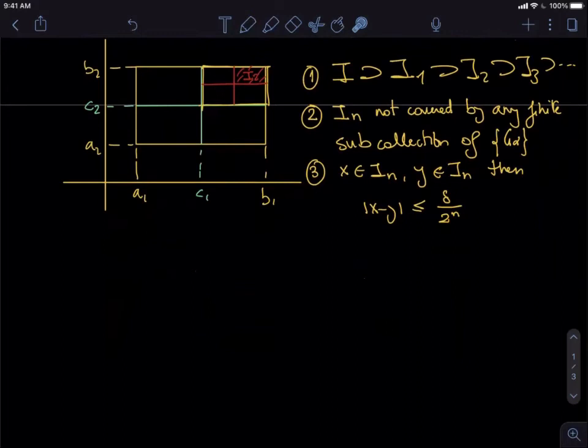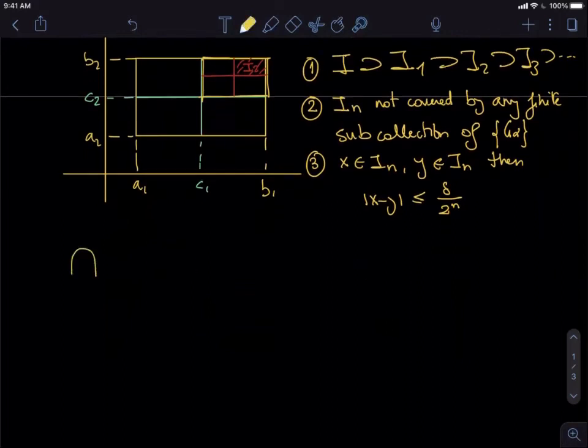So now let me tell you, the idea here is that when I take the intersection of all these subcells, IN, the intersection is not empty. So what happens then? This means that there exists some X star that belongs to every IN, because the intersection is non-empty.